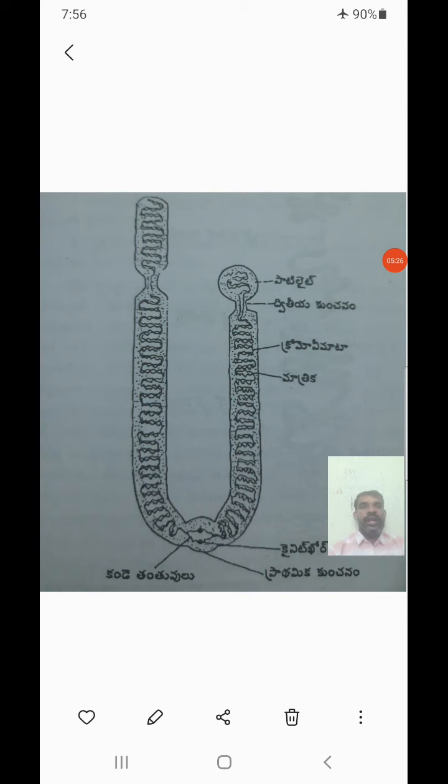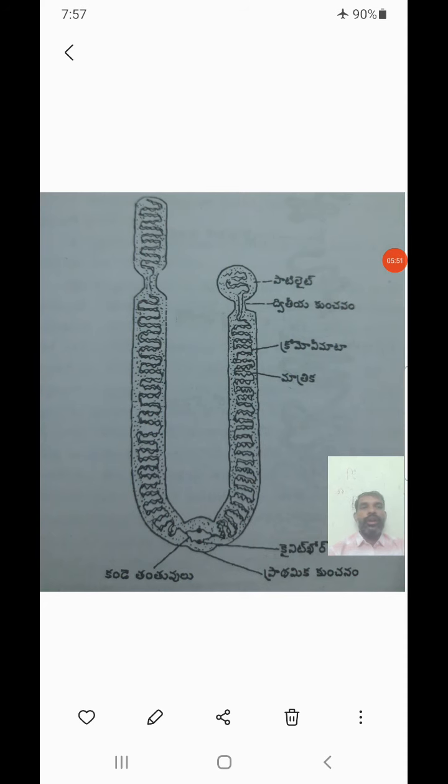Fine. Now I'll give some examples of chromosome numbers present in different types of plants. First, Allium has 8 pairs, so the number of chromosomes is 16. Next, Pisum sativum has 7 pairs, which means 14 chromosomes. Is it clear?